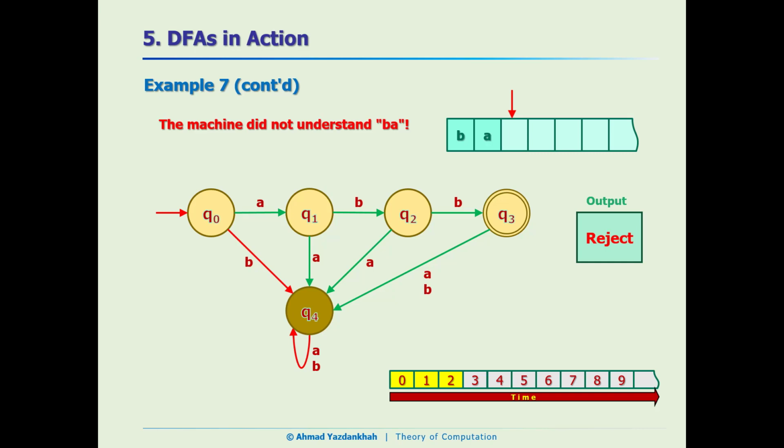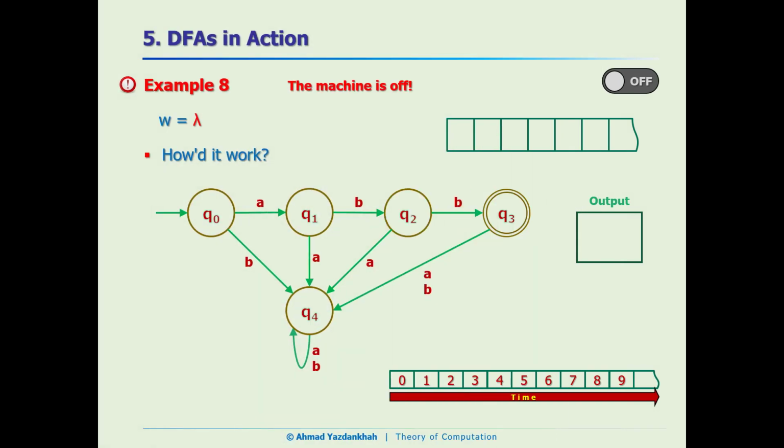Okay, another example. Oh, this one is very interesting. This time we want to feed or input lambda, which is an empty string. Let's see what would happen in the starting configuration. This is the input tape. What should we put here? Should we put lambda here or should we leave it blank?